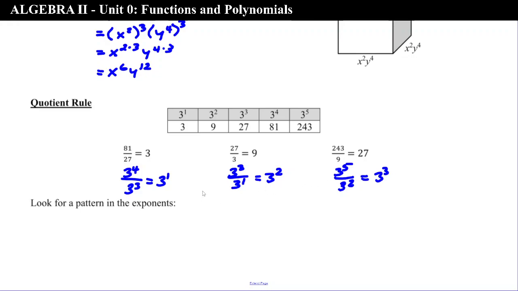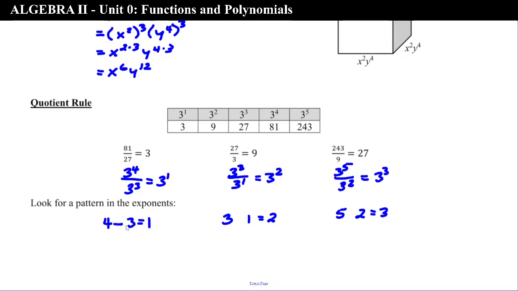Well, let's see if we can find a pattern in these, okay? So on the first one we have 4 and 3, and we're going to end up with a result of 1. On the second one we have 3 and 1, which is going to give us a result of 2. And then on the last one we have 5 and 2, which are going to give us a result of 3. Well, what operation can we do to make all of these true statements?